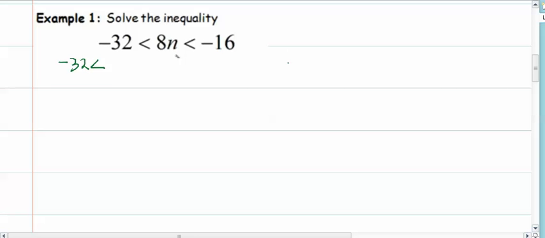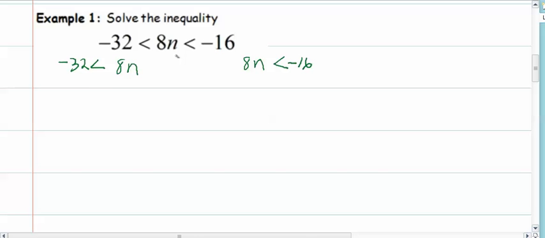On this end we have a negative 16, and I'm going to keep that sign. And then, it says split it into two by writing each end and repeat the middle. So this is still part of step 1. Then we're going to repeat the middle, which is 8n here, and we're going to repeat the middle here, which is 8n.